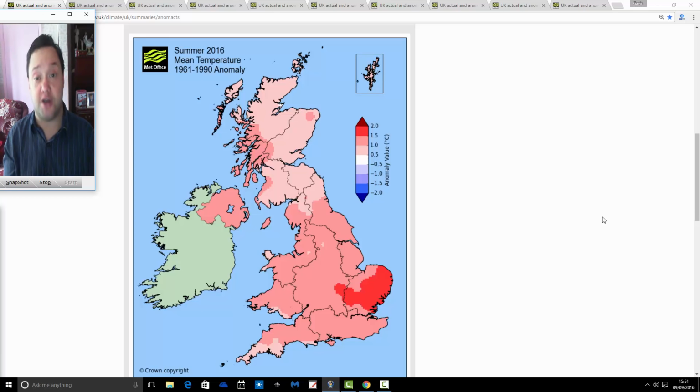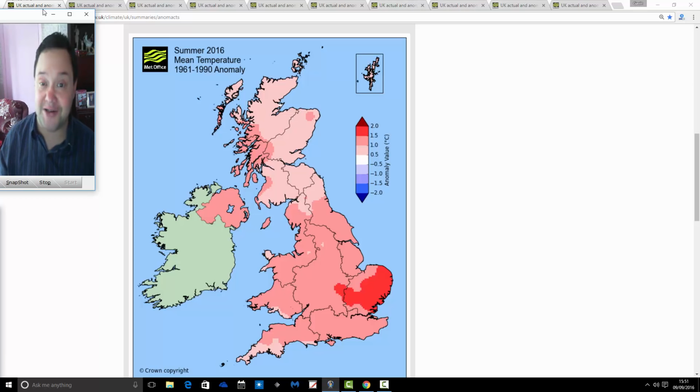So 61 to 1990 is a colder sort of average temperature period, whereas the more modern 81 to 2010 period, which in my view is the period we should be using exclusively, but for some reason we're still not, is a warmer temperature series because it takes into account the warming that occurred particularly through the 1990s and into the early 2000s. So when we issue these long-range forecasts, we have to come back and compare to both 61 to 1990 and 81 to 2010, just so that we know what we're talking about.